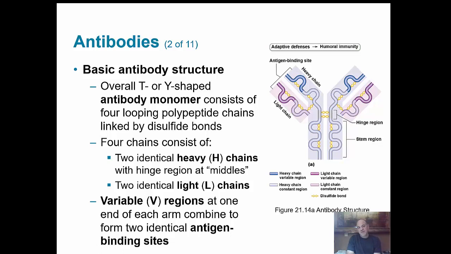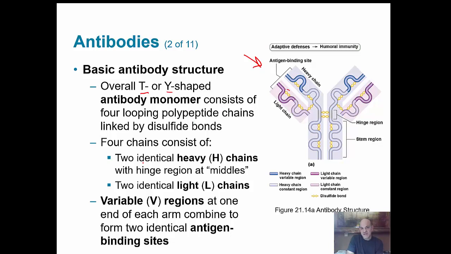But what is the basic structure of an antibody? The basic structure of an antibody overall is going to be a T or Y-shaped antibody monomer, and there's an image of a monomer to the right over here on our screen. It's going to consist of 4 looping polypeptide chains linked by disulfide bonds.